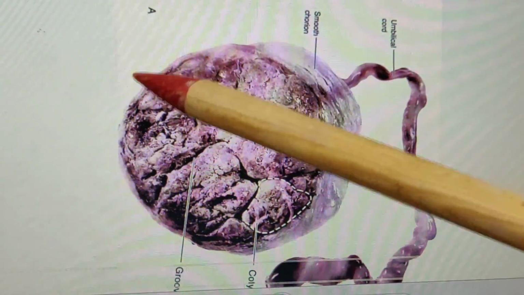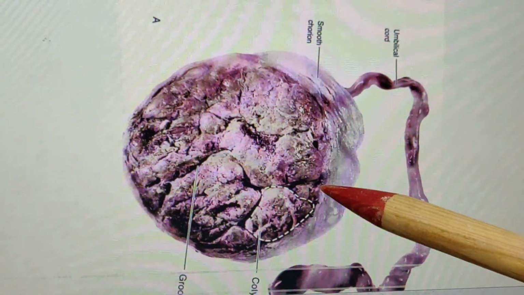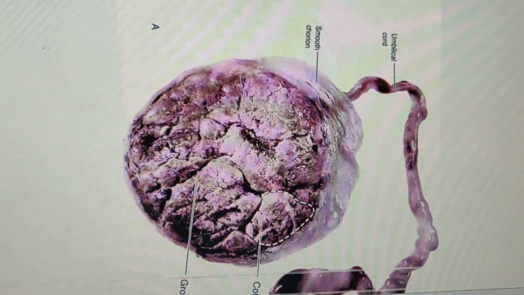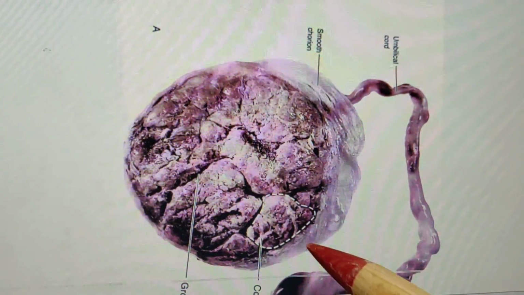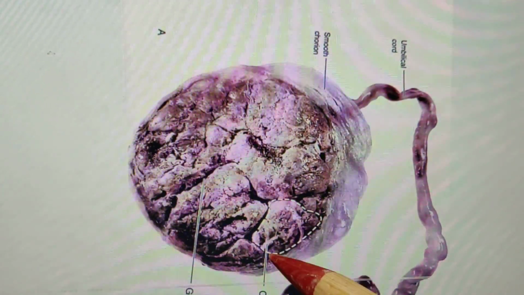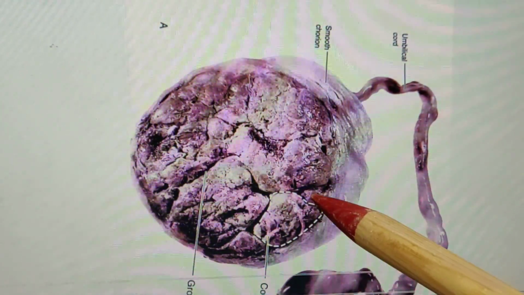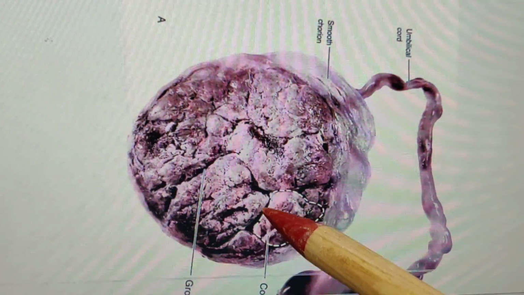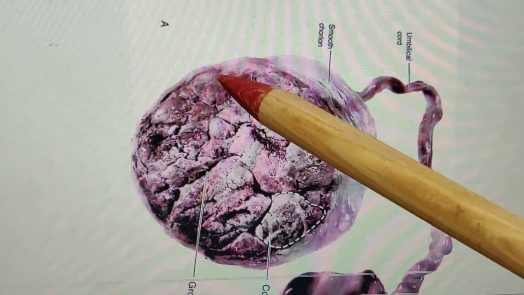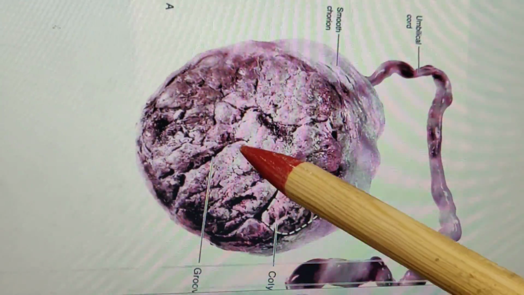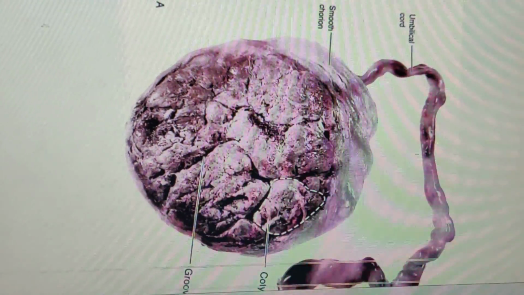Then look at this. This surface represents the maternal surface. This maternal surface, if we see, has a rough appearance. Now one dotted line has been shown. It represents one polygonal lobule. These are the polygonal lobules, and these lobules are separated by the fissures, the grooves.